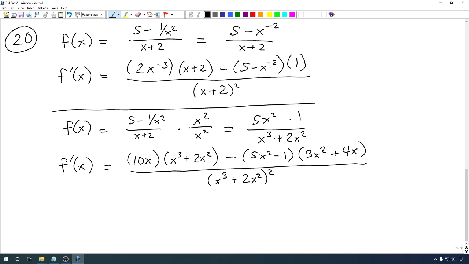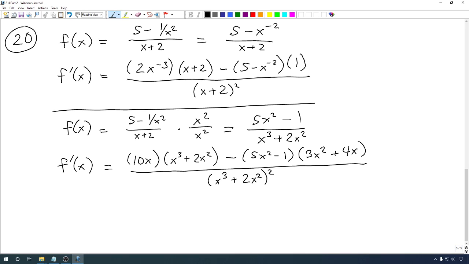So that is another form of the derivative of this function. And if you want, you could do some algebra to show that these actually give us the same result. The second one definitely looks more complicated, but it also doesn't have any negative exponents. So if you want to avoid negative exponents, maybe that'd be what you want to do.